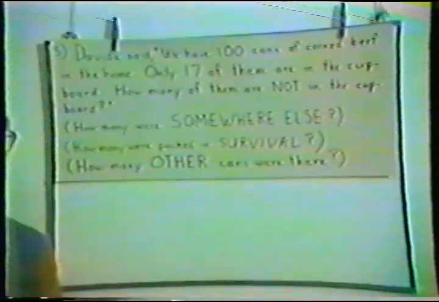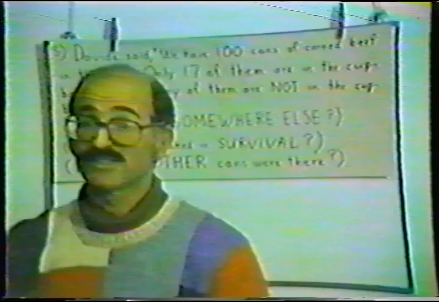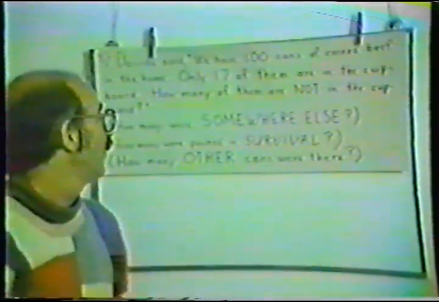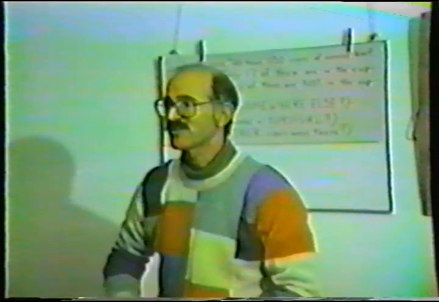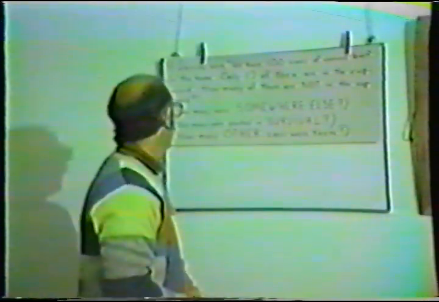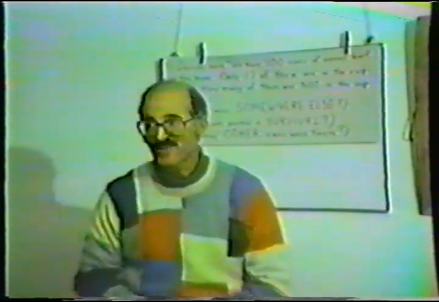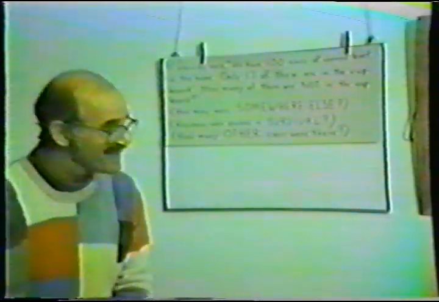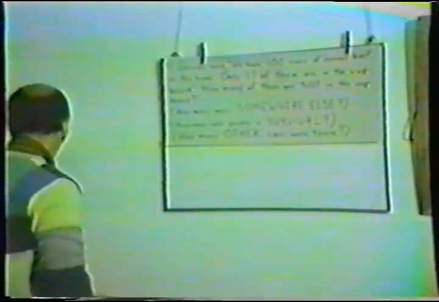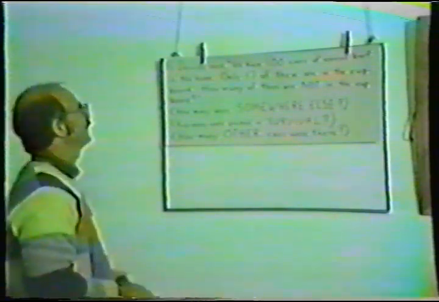Or how many of them are somewhere else? Or how many were packed in survival? Or how many other cans were there? Does everybody love corned beef? Yes. Okay, we've got lots of corned beef.